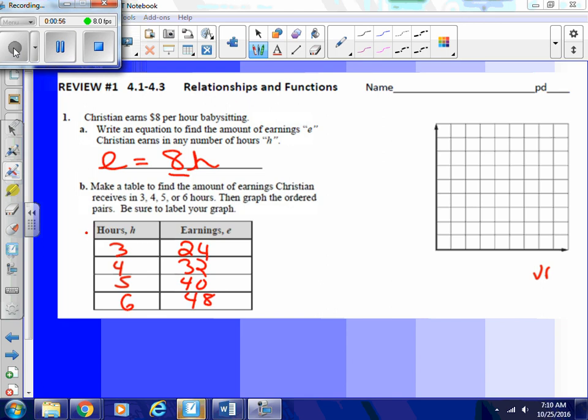Now we're going to graph the ordered pairs, and we've got to be sure to label our graph. So our x-axis is actually our number of hours, h, and our hours can count by ones.